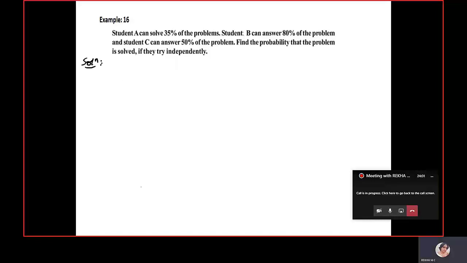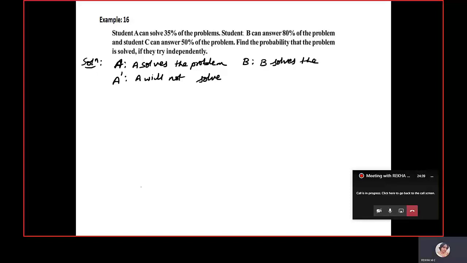Solution. Here I'll consider event A as A solves the problem. So A complement is A will not solve the problem, and B as B solves the problem.